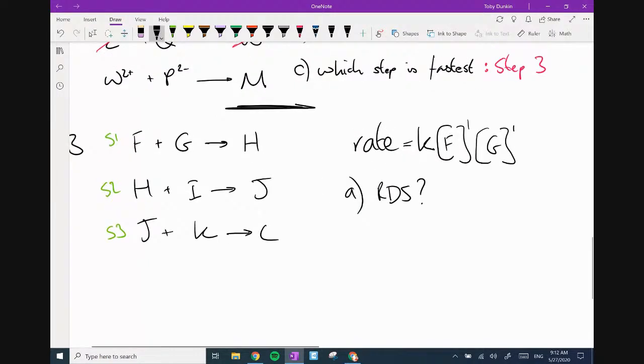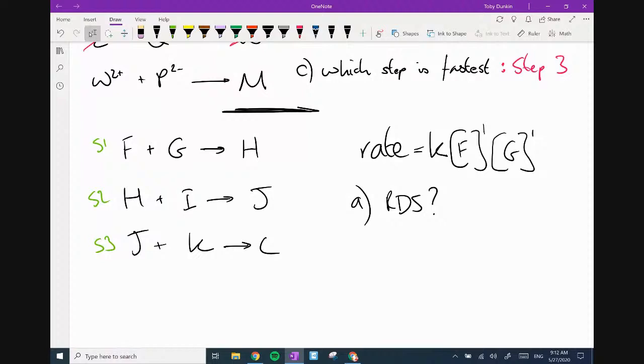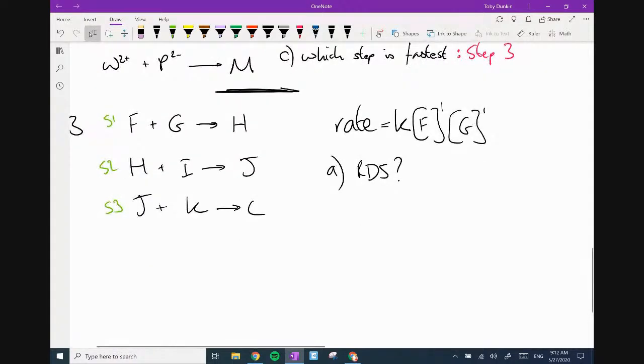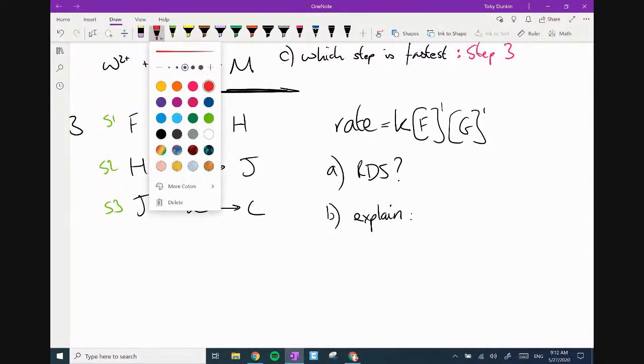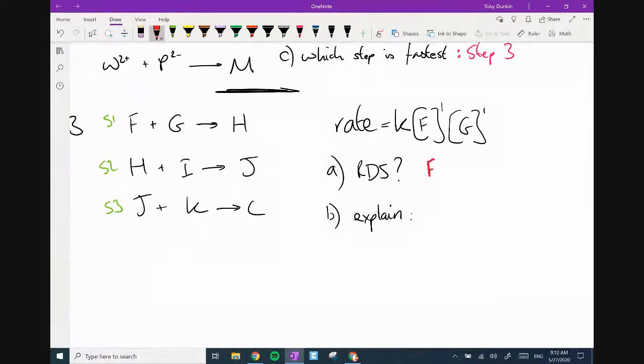Can everyone now tell me what they think RDS is going to be? They can do an explain, which is the one that everyone will struggle with, so I have to give an example. Everyone here can now give me the step for RDS. Thank you, Dat. The answer is 1. So first step is RDS.